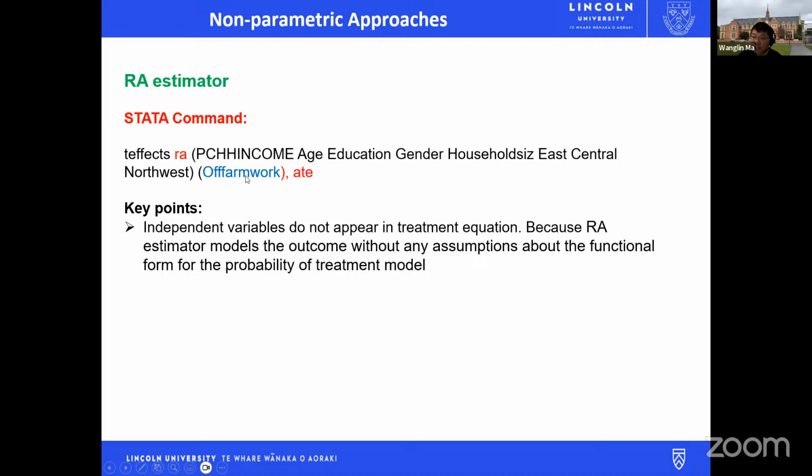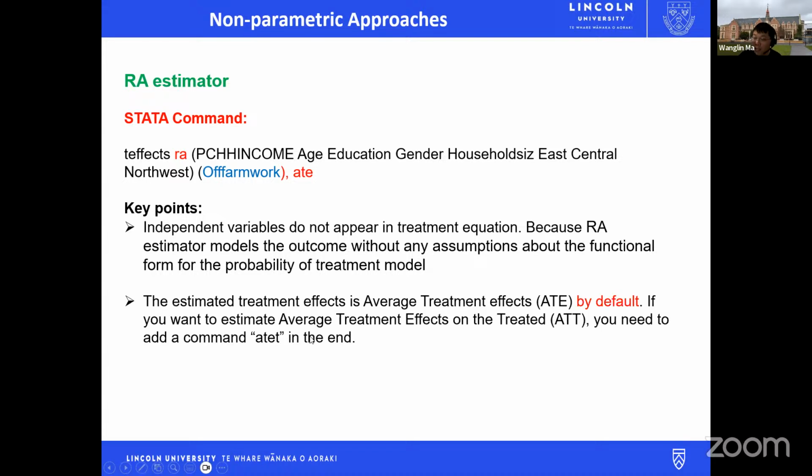So this is the treatment variable. This is a treatment model. This is an outcome model. And the estimated treatment effect is the average treatment effect by default. If you want to estimate the average treatment effect on the treated, you need to add the command ATET in the end.